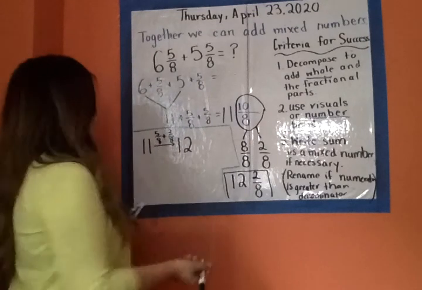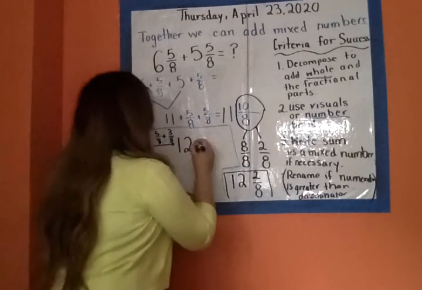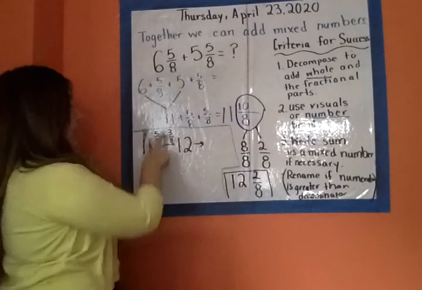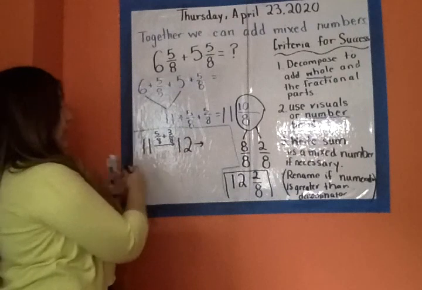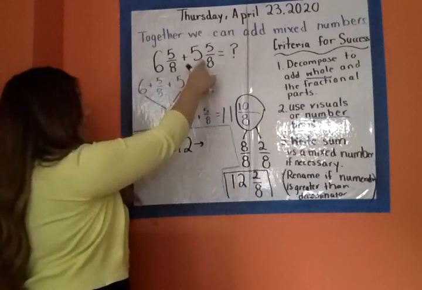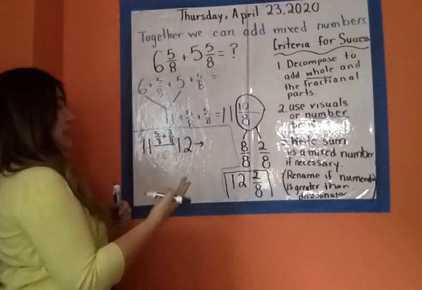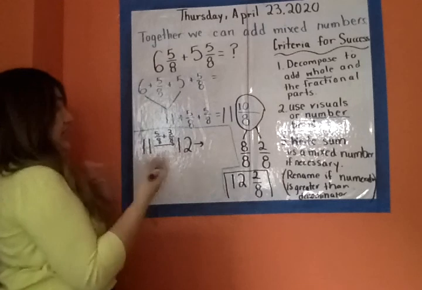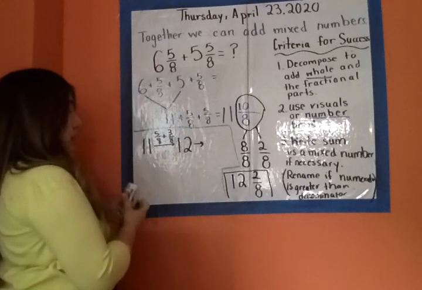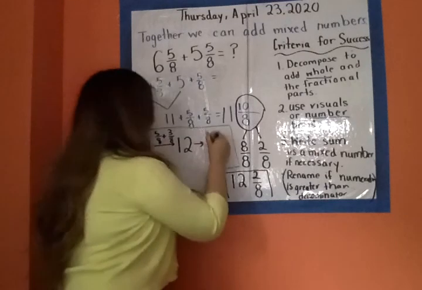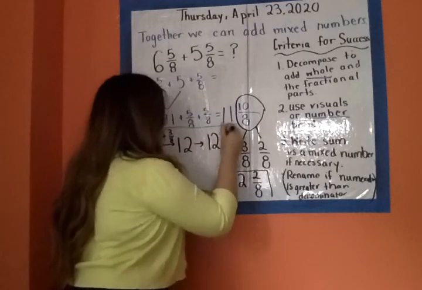However, I'm missing the rest of my adding. If I only added 3/8 to my 5/8, but I have 5/8 to include, I'm not accounting for the 2/8 that's still there. And so this would be rewritten once again as 12 and 2/8.